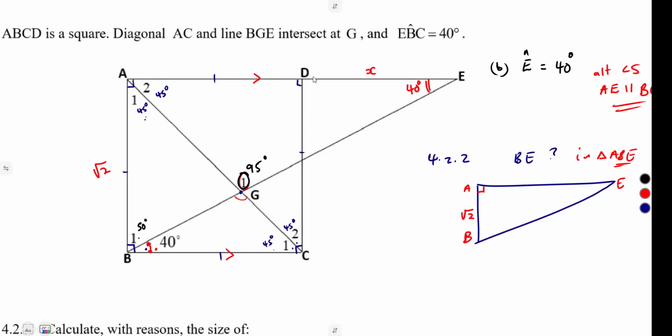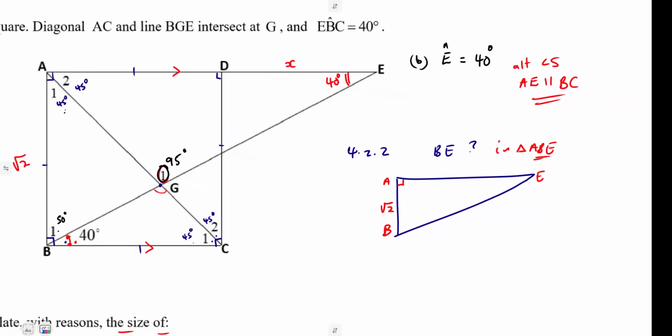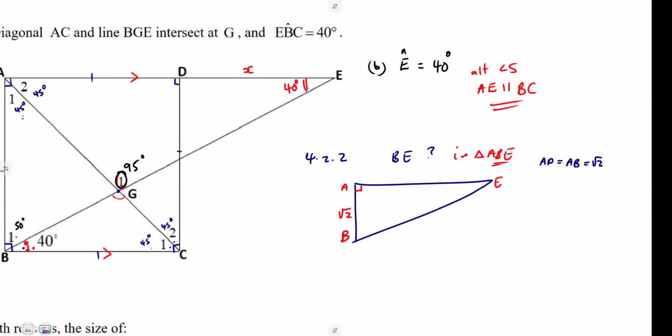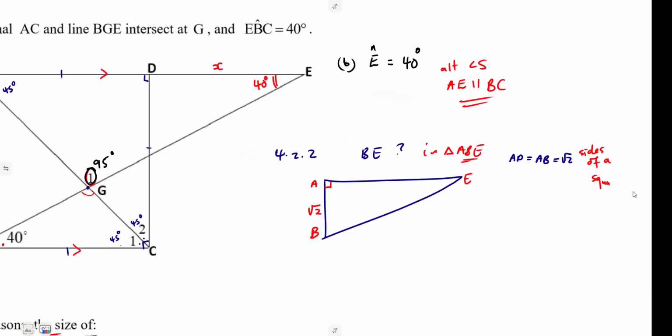But we are given from D to E, and we need to find the whole of this line AE. So what can we use? AD, remember this is a square, so AD is equal to AB, which is also the square root of 2. Those are sides of a square. Remember, for a square, all sides are equal.